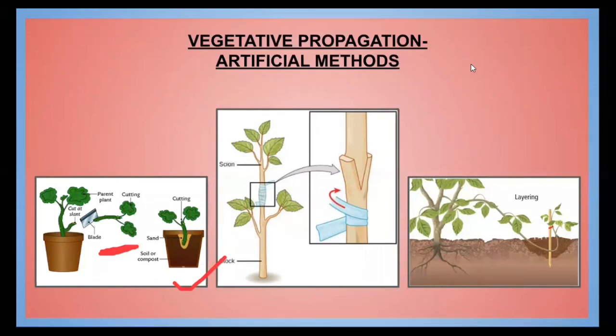In grafting, as you can see, the lower part is the stock, the upper part is the scion, and they are connected over here. Just see how they are connected. A small V-shaped structure is made in the stock, and in that the upper part is connected, and then it is tied properly. So this plant starts growing.